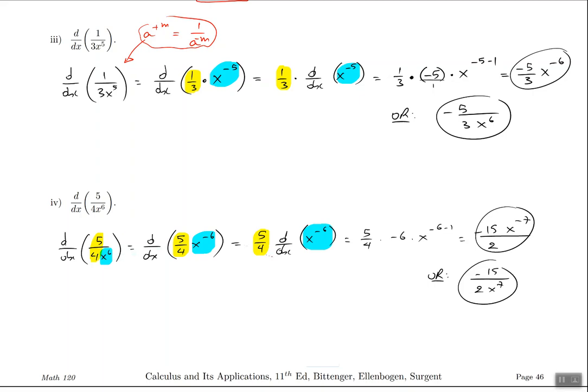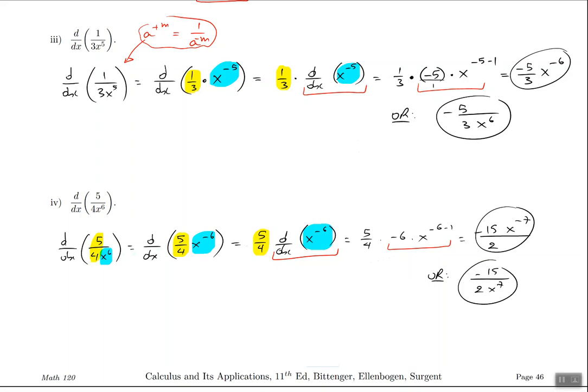And again, the derivative of x to the power of -6 is -6x to the -6 - 1. Just like earlier, the derivative of x to the power of -5 was -5x to the power of -5 - 1. And -6 - 1 is just going to be -7, and multiplying the 5 with the 6 and dividing by 4 gets us 15 over 2 with a negative sign in front of it.